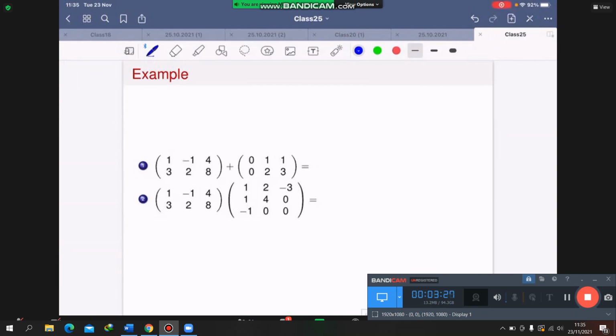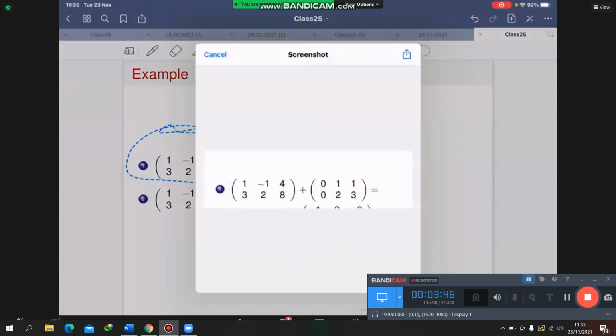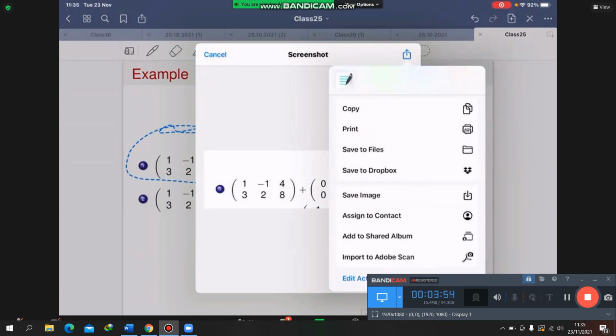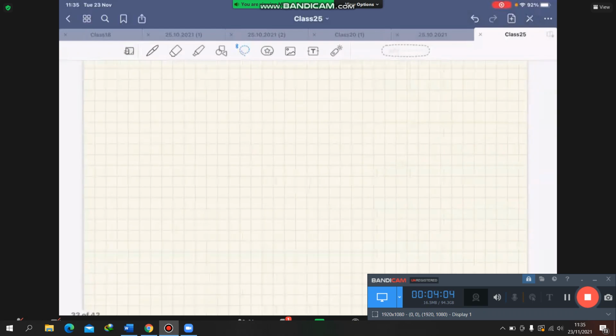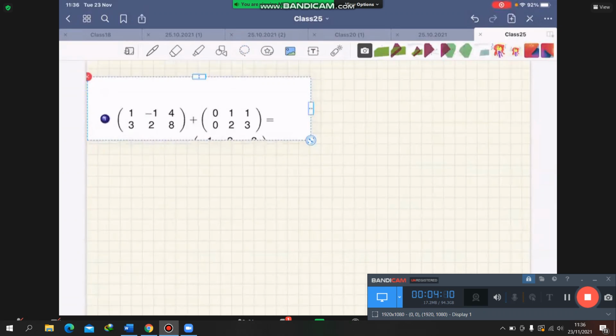So let's consider this example here. Okay, magic.